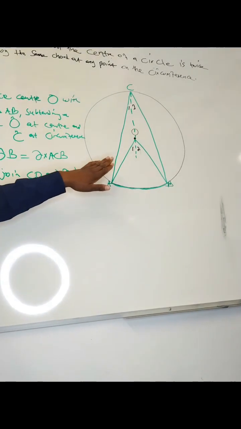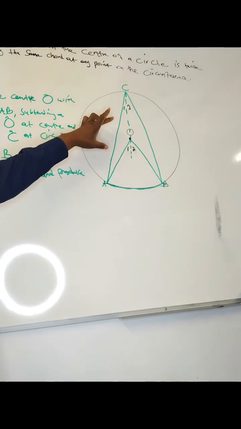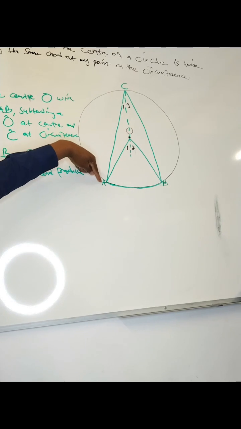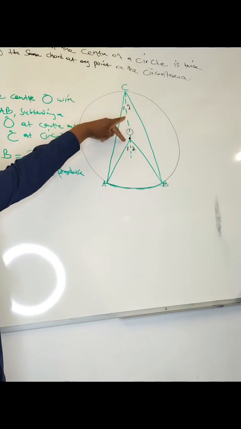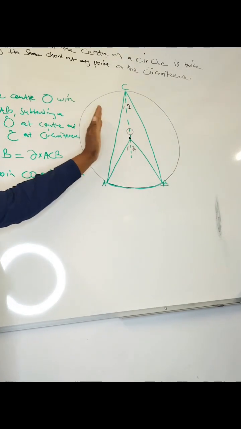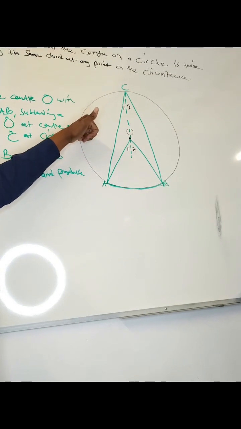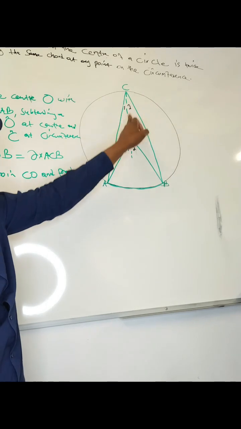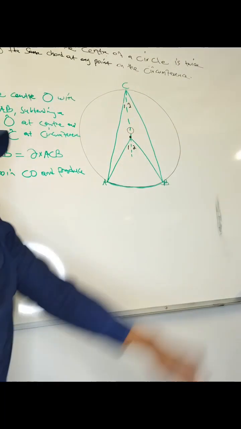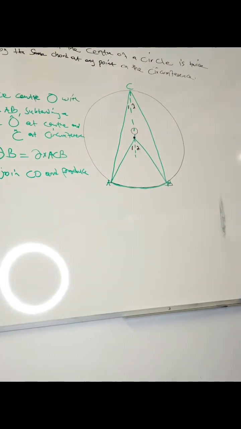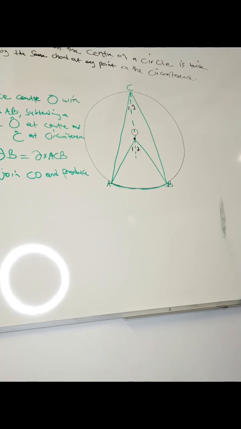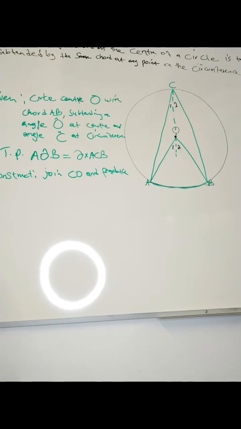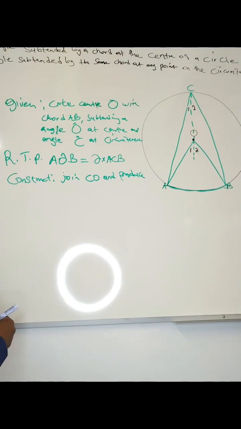Have a look here. We've got 2 triangles. We've got ACO, this part of the triangle, and BCO, that is another triangle, right? So we need to prove it in those 2 triangles, but we need to take each triangle at a time.